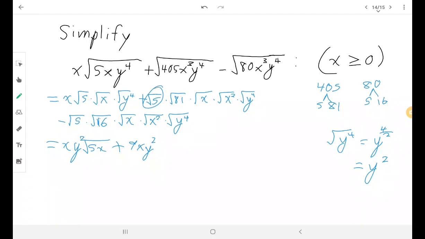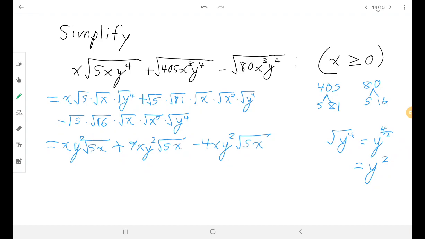And then this square root of 5 and the square root of x can be combined back into one square root, minus square root of 16 is 4. Square root of x squared is x. Square root of y to the 4th is y squared times the square root of 5 and x put back together.